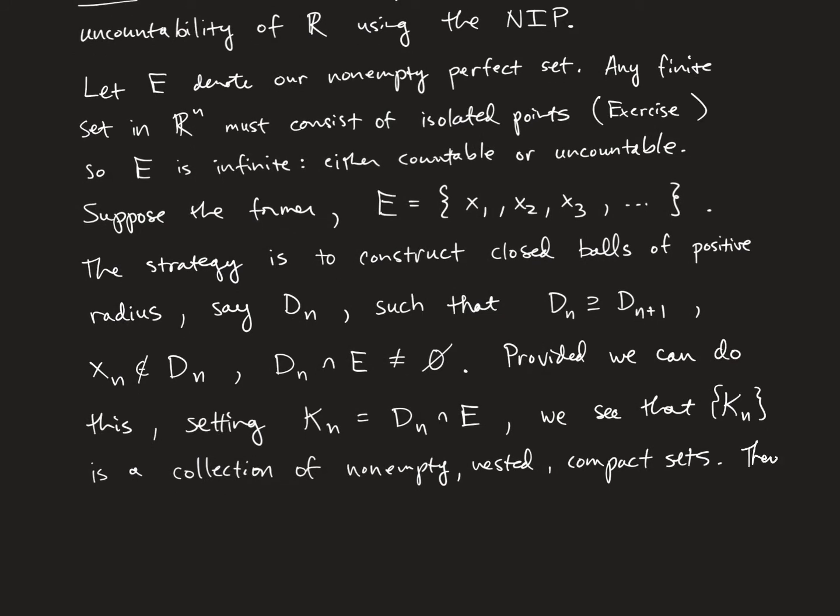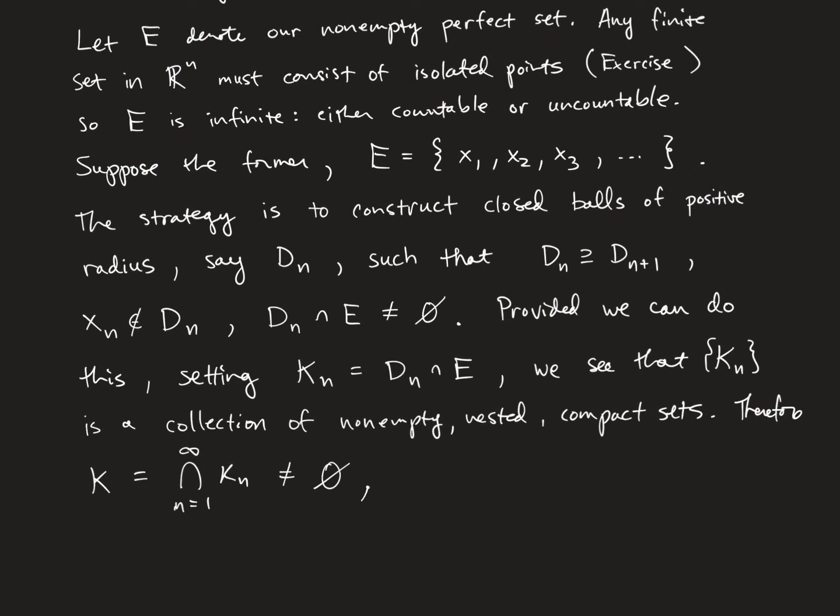Therefore K, which is defined to be the intersection of all of these Kn's, is not empty. And K is a subset of E, since each of the Kn's is a subset of E by definition.